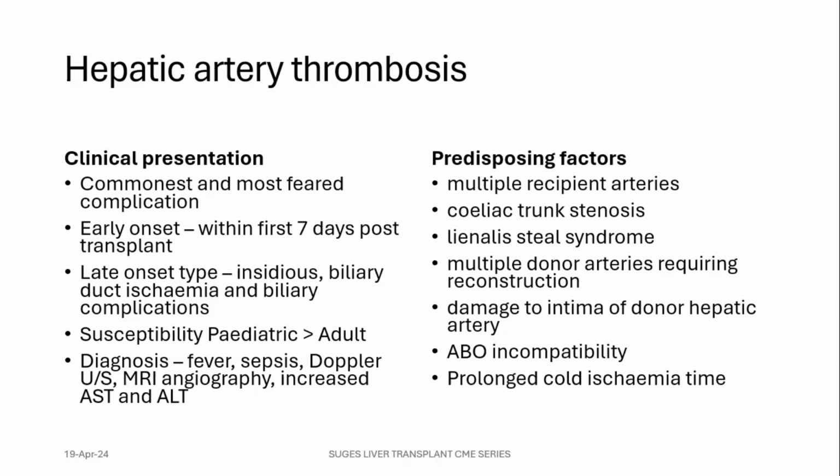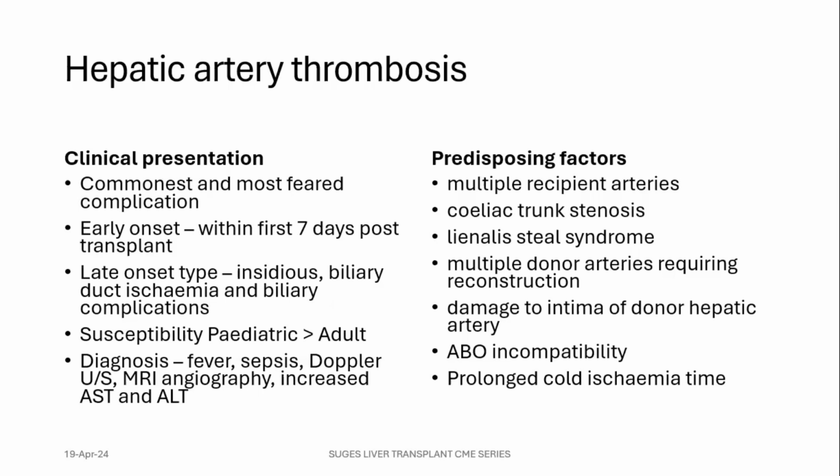If during the retrieval of the donor organ you have damage to the intima of the donor hepatic artery, this can happen when you have harvested the donor liver, look at the hepatic artery, and find that there's a thrombus in there.